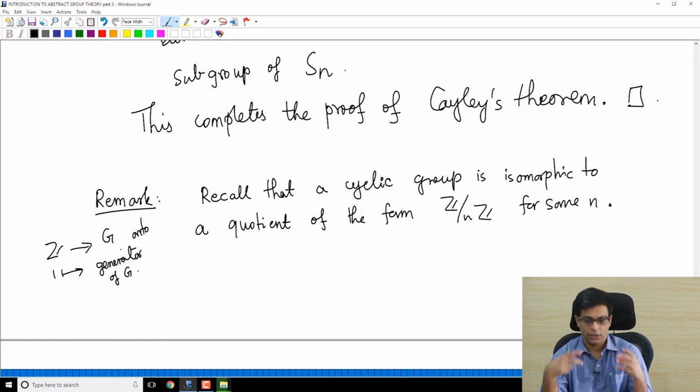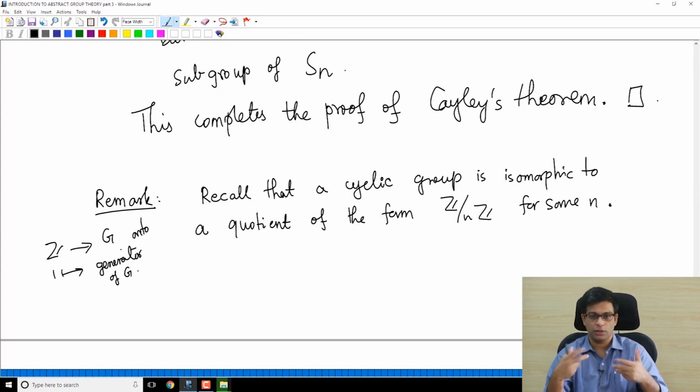Cayley's theorem does the same. It relates, in fact, now an arbitrary group, any group, right? Any finite group, not just a cyclic group, can be put inside Sn. Think of it like this. It is isomorphic to a subgroup of Sn. So that means you can put it inside Sn. But the reason why it is very useful that cyclic groups are of the form Z mod nZ is that Z is a very simple group to understand.